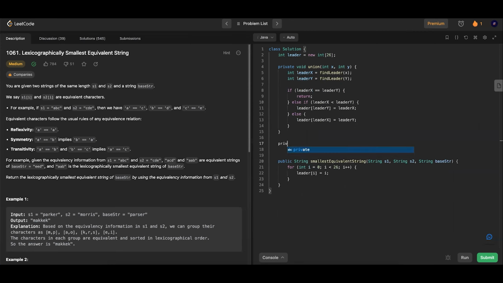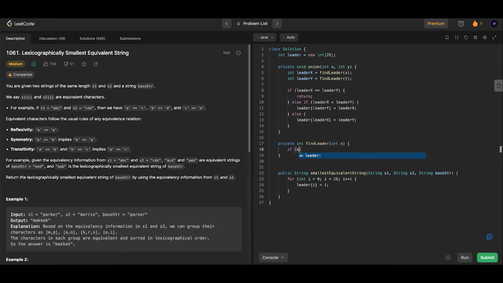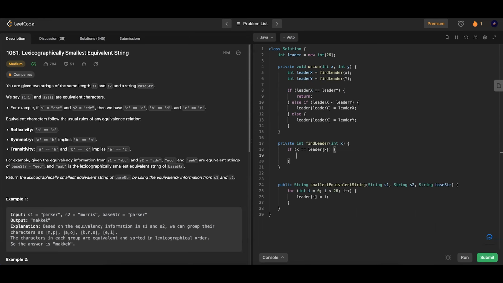Let's implement the find leader function. Find leader returns an integer. It takes integer x. If x is equal to leader of x, then x is the leader of the entire component, so we return x.